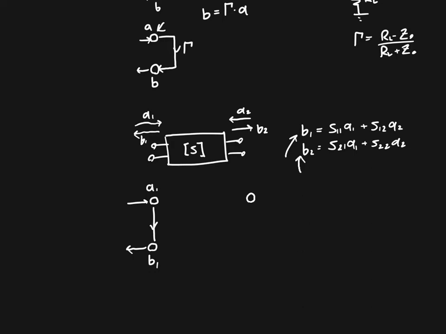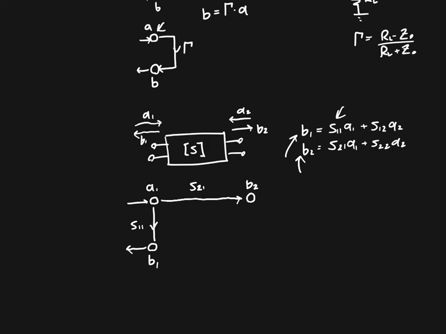So A1, we're going to draw a straight line over to this node B2. And the coefficient for that, if we just look at our S matrix real quick, well, that's S21. And over here, I should write S11 because A1 to B1, just from our S matrix, that coefficient is S11.